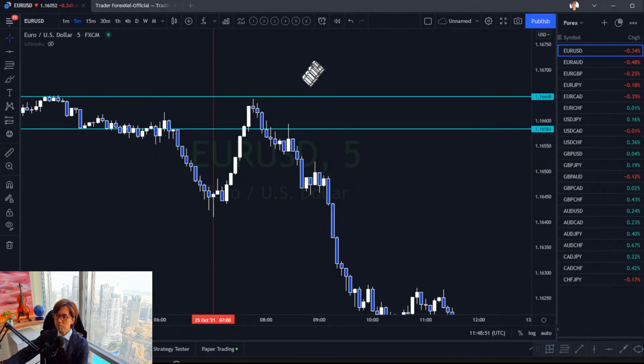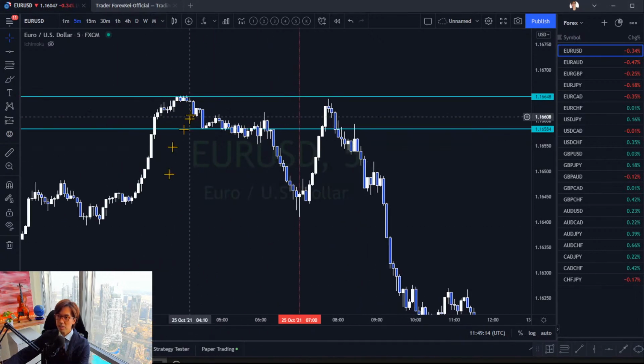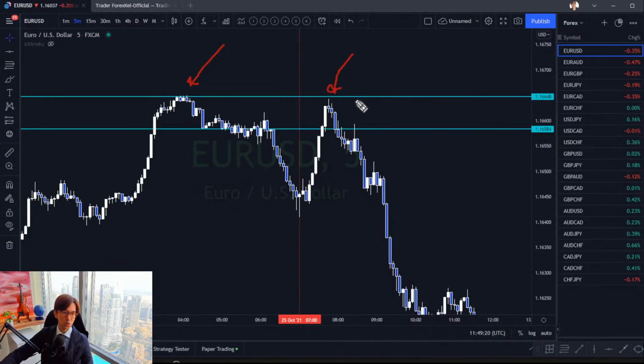The answer is, of course, this one, because previously there was a higher resistance level in the 5-minute chart. You only see one weak touch around 1.1658, but previously there were no resistances there. At the top, 1.1664, there were a couple of other resistances in the past too. That's why I always draw the wick high instead of the body of the candlesticks, in the 1 hour chart or daily chart, whichever time frame you look at. I always draw the lines on the wicks.